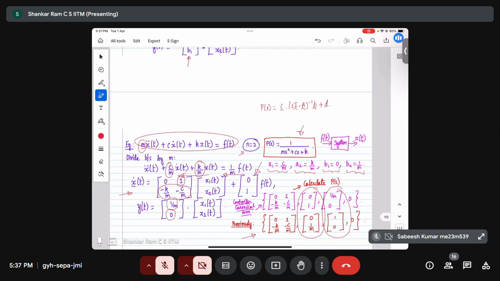Once again, why are we studying the controller canonical form? The advantage will become very clear when we do the control design using what is called full state feedback, which we will start learning from tomorrow. So these are the two important concepts that I wanted to communicate today.